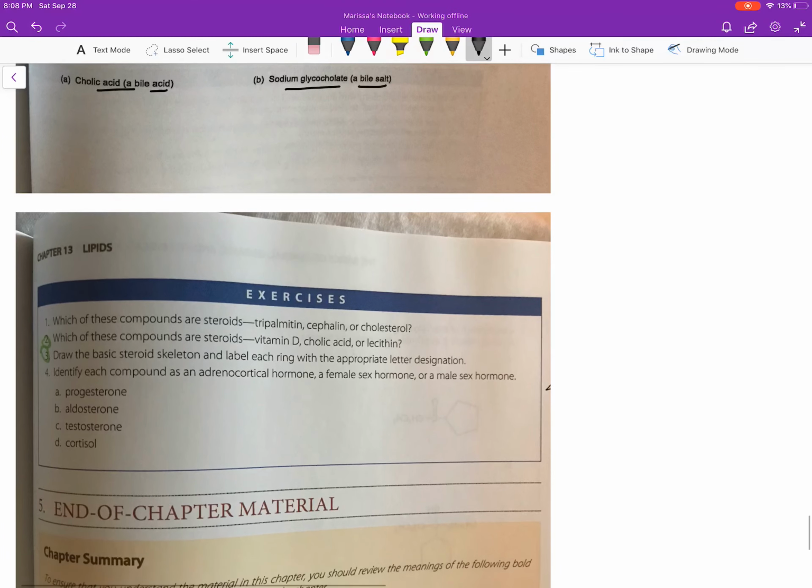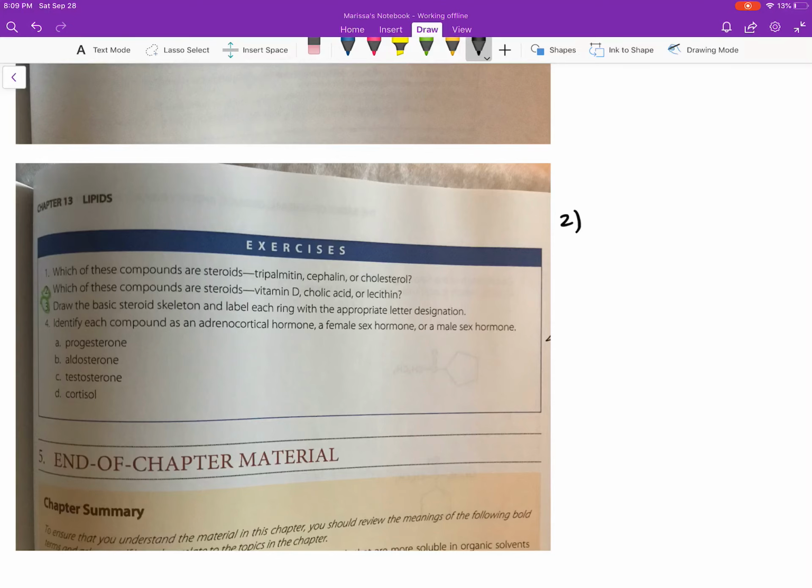All right. So last question, we're going to answer number 2 and number 3. All right, so it says, which of these compounds are steroids? Vitamin D, cholic acid, or lecithin?